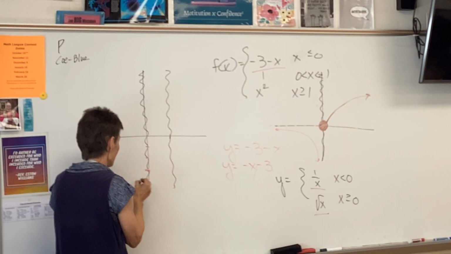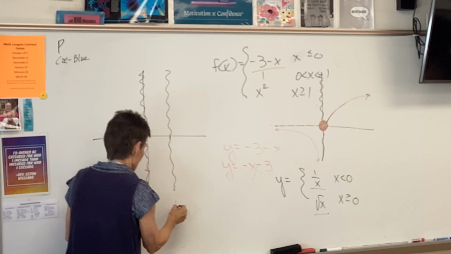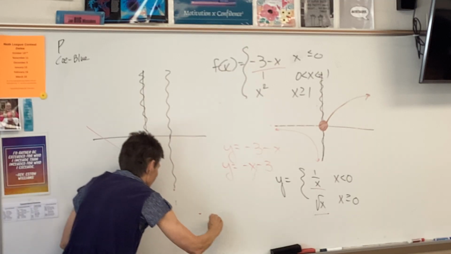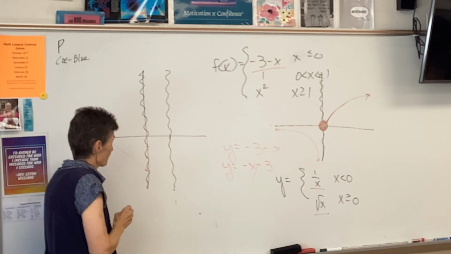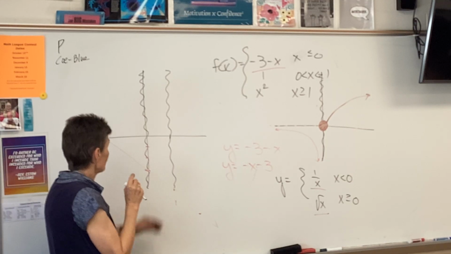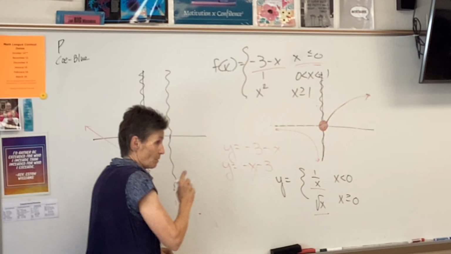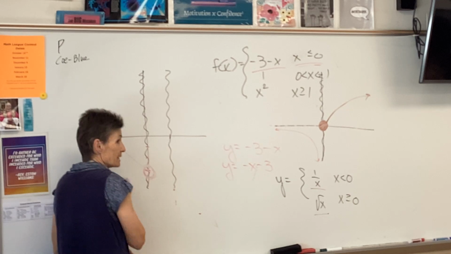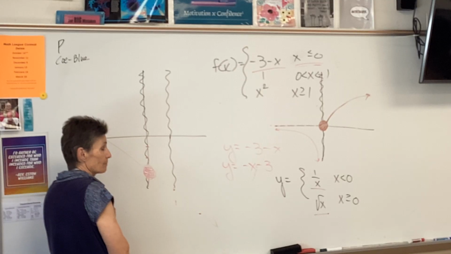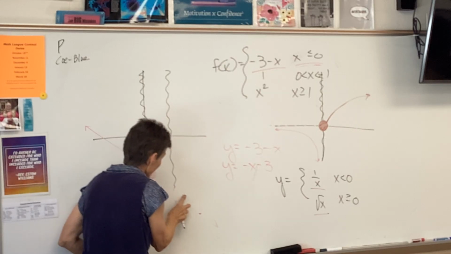So I'm going to go down 1, and over 1. So it's going to look like this. Now it does hit both cracks, but I only care about 0. So this is the only place I care about. It will be a solid dot, and I will keep that way. So I'm going to do this one.